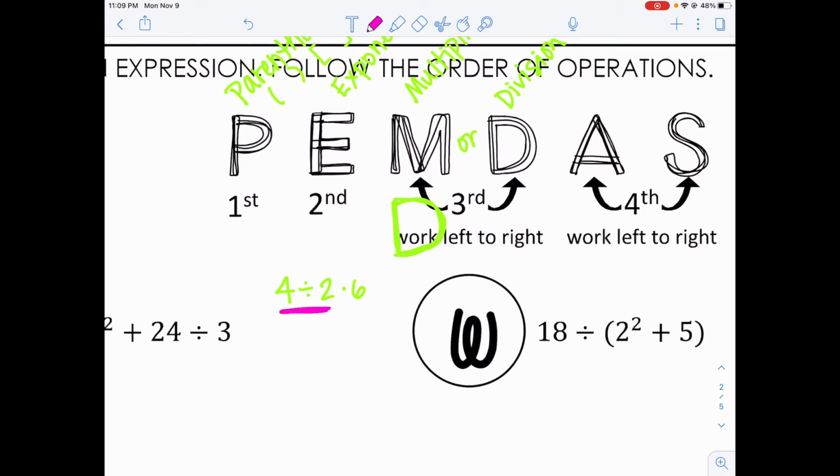So in this expression, I would need to do the division before I could do the multiplication. Another example might be if I had 4 times 2 divided by 8. In this example, because multiplication comes first in the problem as I move from left to right, I would do the multiplication first, then the division.